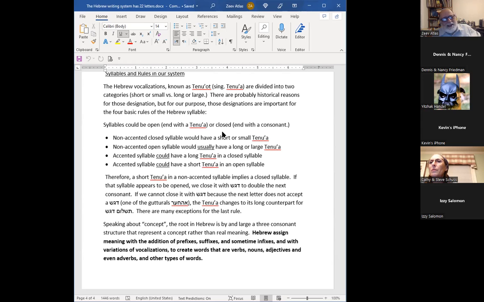The word for she, female, is hi, spelled heh yud aleph, and you don't hear the aleph. In this case the aleph is actually silent. In most primary cases, aleph is not silent.